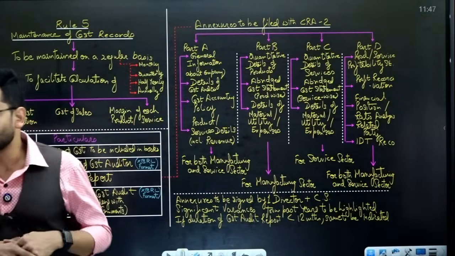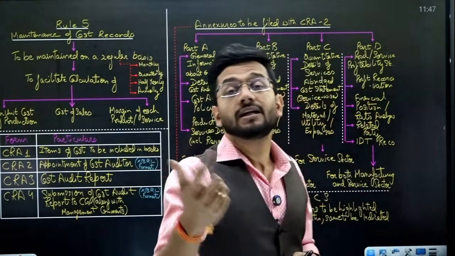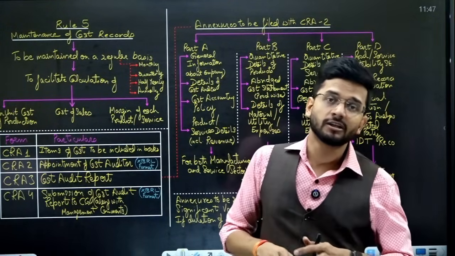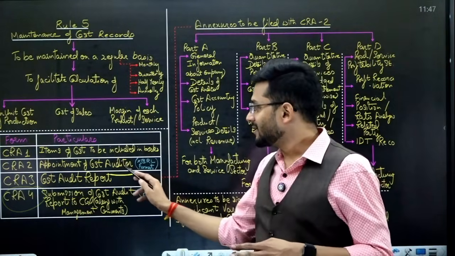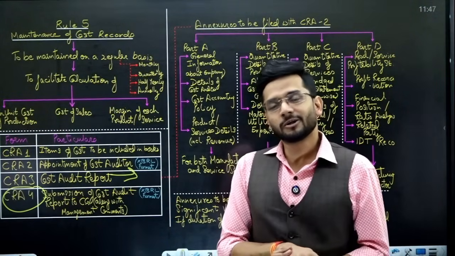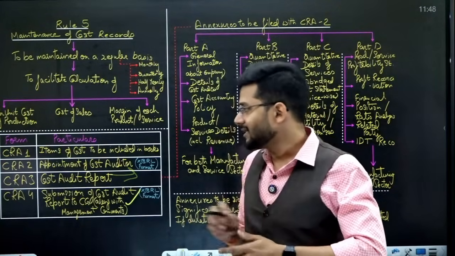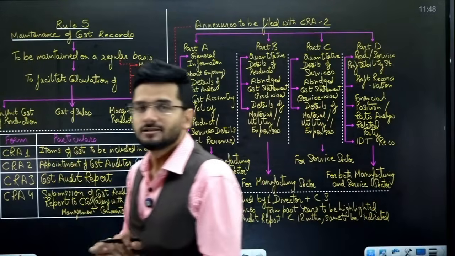Whatever negative the auditor has written, the management has to explain why this negative is written and what steps have been taken to rectify this negative observation. So that is why CRA 4 is different. CRA 3 is only the report by the auditor. The audit report is further analyzed and delved into by the management using CRA 4. So CRA 4 is different, CRA 3 is absolutely different.